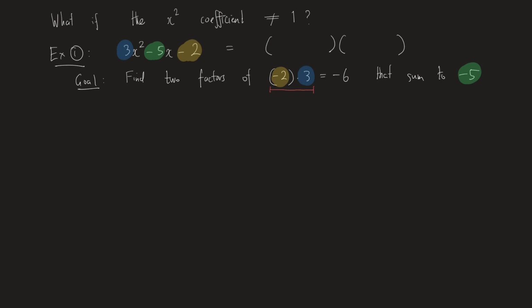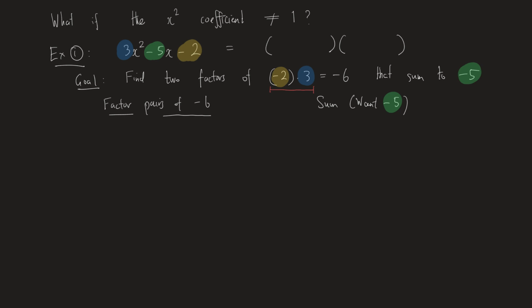Okay, so let's get to it. Let's look at the factor pairs of negative 6, and let's figure out their different sums, because in this case we want that negative 5 sum.